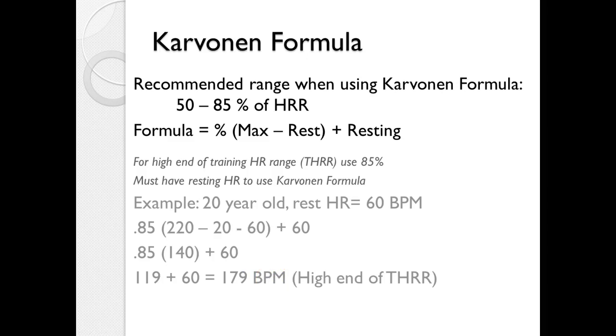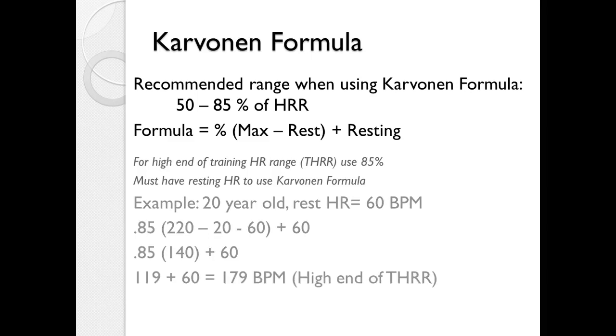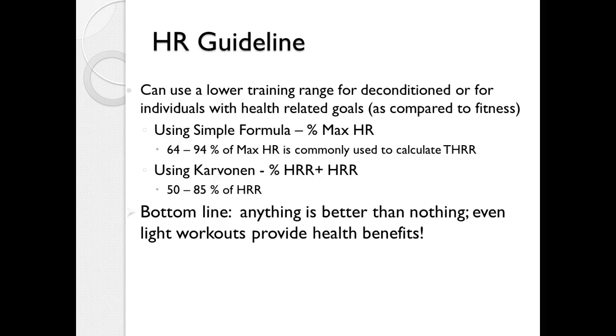So for this client, the low end was 130, the high end is 179 beats per minute. So we may tell them somewhere between 130 and 179, or more likely we'll narrow that down to a smaller range for them.